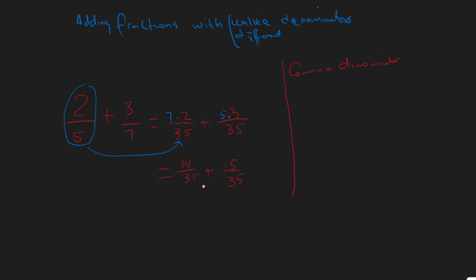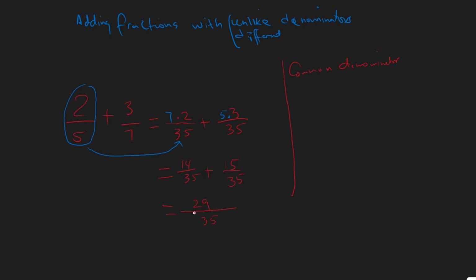All right, so now we take our fraction back to the previous example. We put everything over the same 35, and we add 14 and 15. 14 plus 15 is equal to 29. So 29 over 35, and this is your answer.